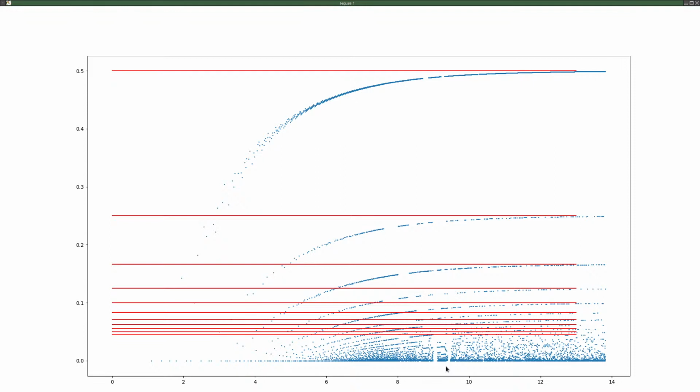What is going on? Why is there, for these values rather, can I zoom in, like maybe just draw between 8 and 10?